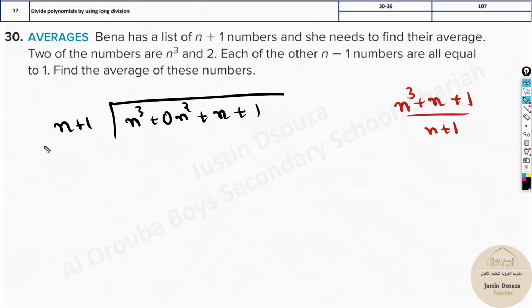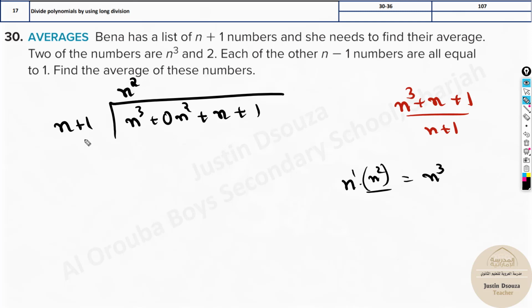N plus 1. Now what do you have to multiply over here? What do you have to multiply to get n cube? So it is basically like this: n multiplied by an unknown number equals n cube. This is power 1. It should be n power 2, isn't it? So here multiply by n square.